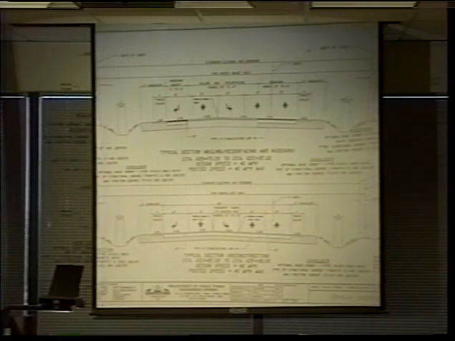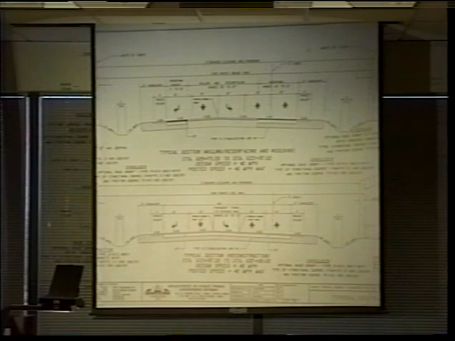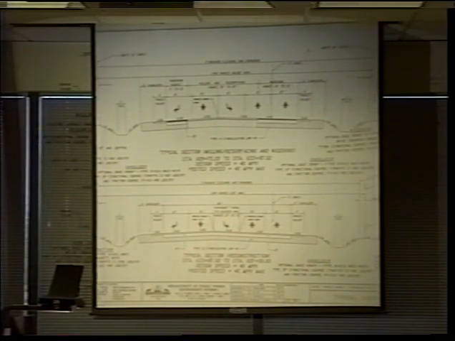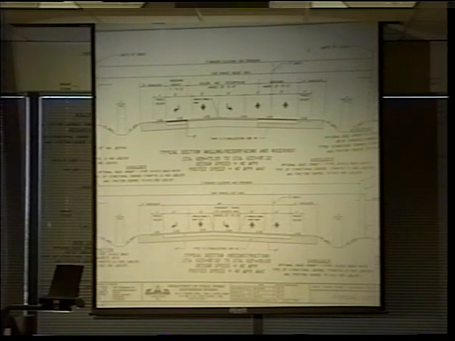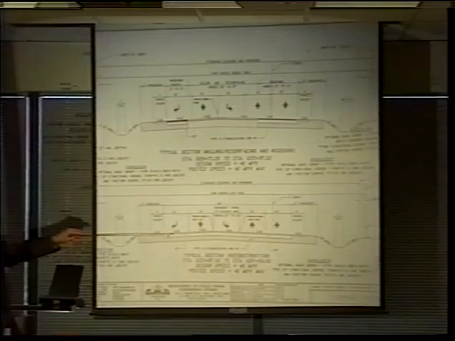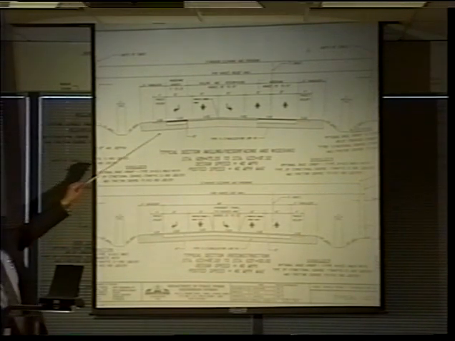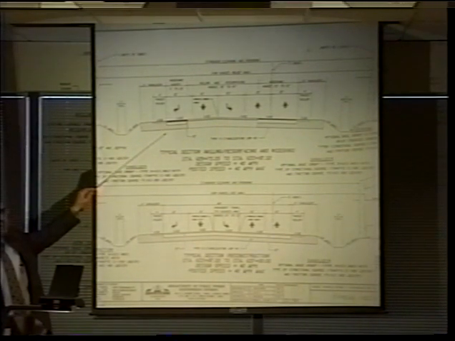Very often, the second or third sheet of the complete plan package is going to be titled the typical section sheet, and it is simply that. It's one cross-section, or two, or several, that are identified as being typical throughout the project.